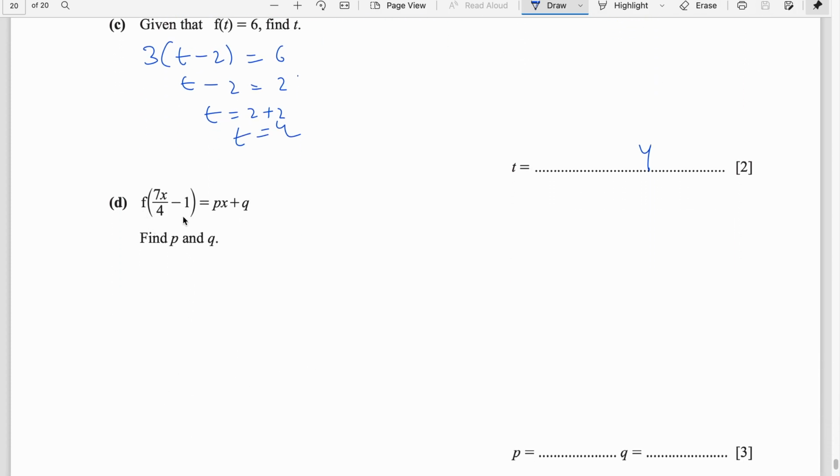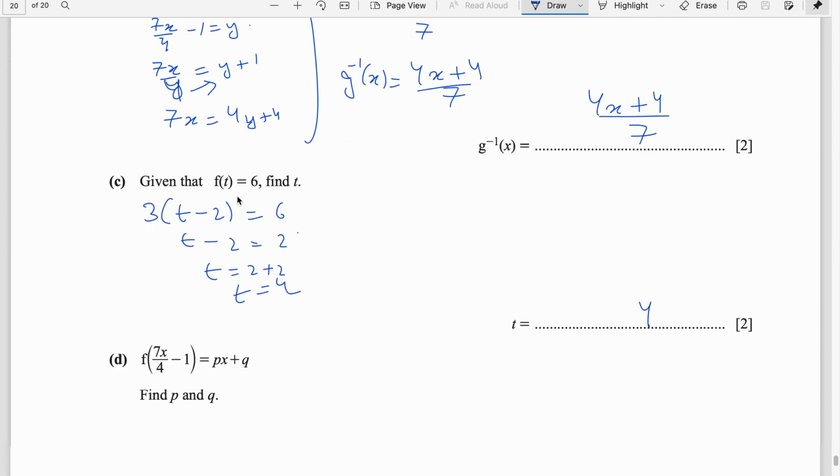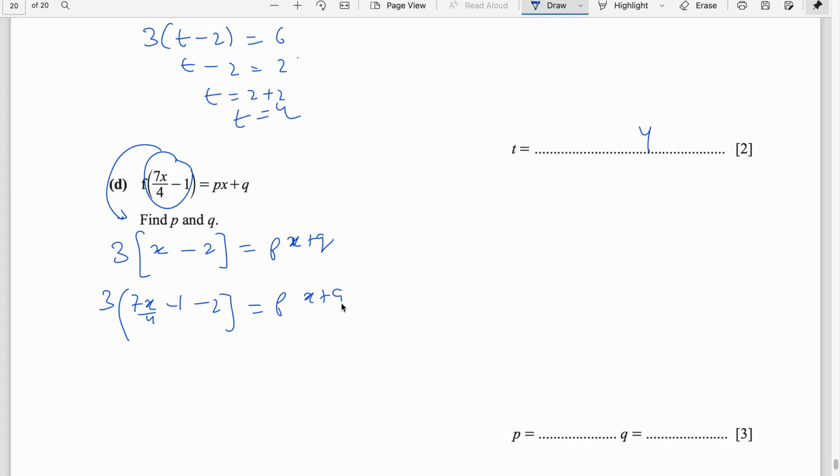F of this is equal to px plus q. So substitute this in f, and f was 3 into x minus 2. So 3 into x minus 2 is equal to px plus q. Now substitute this in x. So 3 into 7x by 4 minus 1 minus 2 is equal to px plus q.